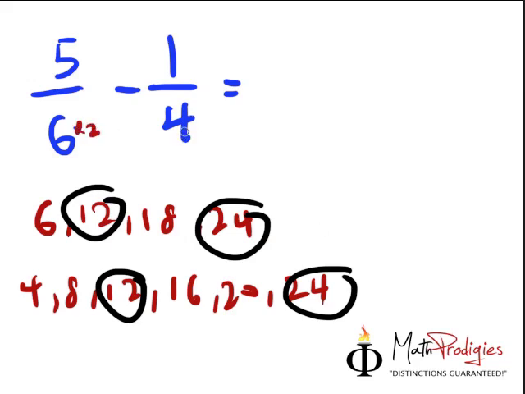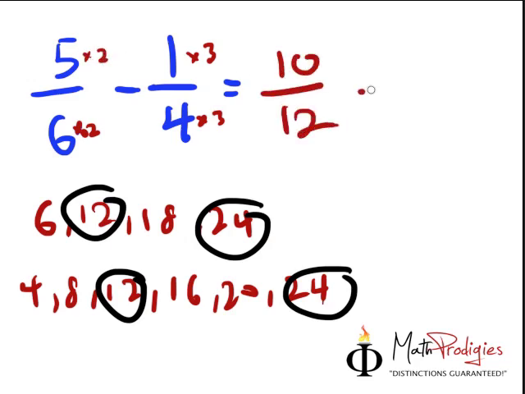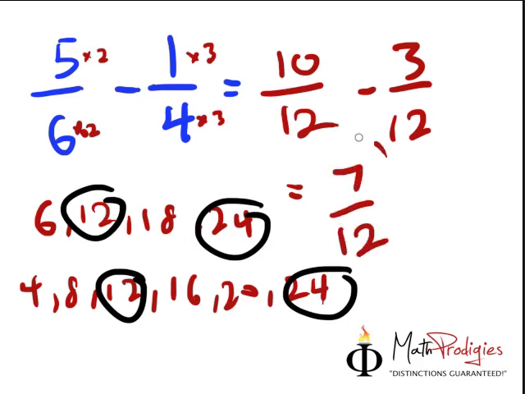And to make the 4 the same, I times what? 1, 2, and 3. So now I must be fair to my neighbors. 4 times 3, so 1 must times 3. 6 times 2, so 5 must also times 2. In other words, 10/12 minus 3/12 will give me the answer of 7/12, and that is the simplest form already, and that is the answer for question number 6.